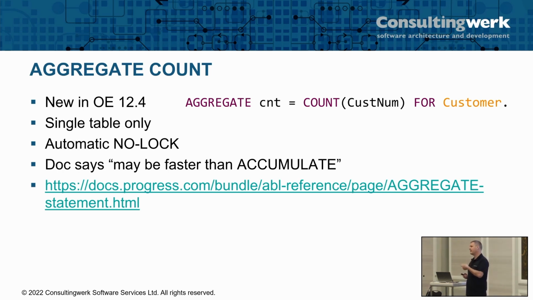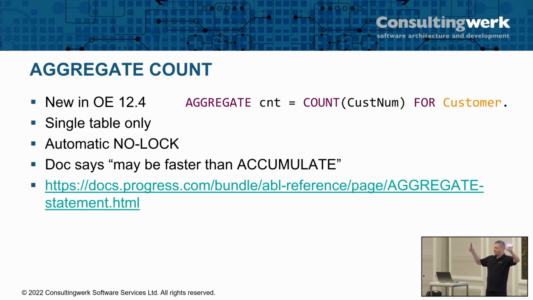So we can have a where clause on this. It's automatically no lock, which is nice, so we don't have to think about it, although when I see that, I want to put no lock on it because that's just my habit from 20 years of writing for eaches. The doc very handily says it may be faster than the accumulate statement. We'll have a see on that.